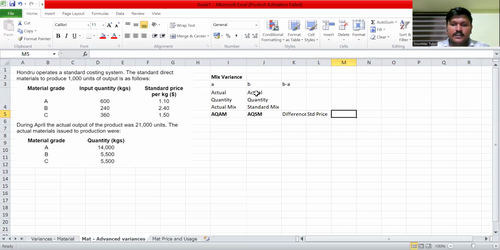Then it will give you the variance you are looking at. So this is what you have to do over here.